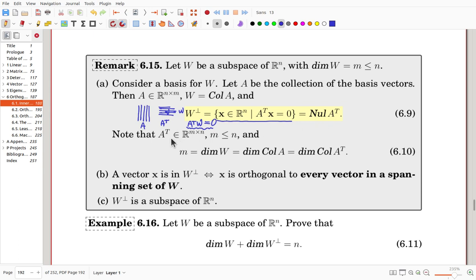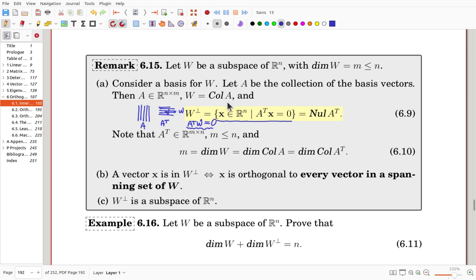Here A transpose is in R n by m, and m is less than or equal to n. And now we can go further here. M is the dimension of W. We set it here. And W is the same as the column space of A.